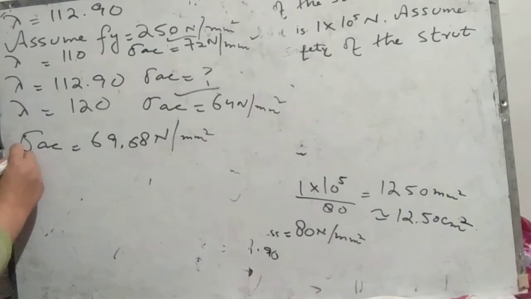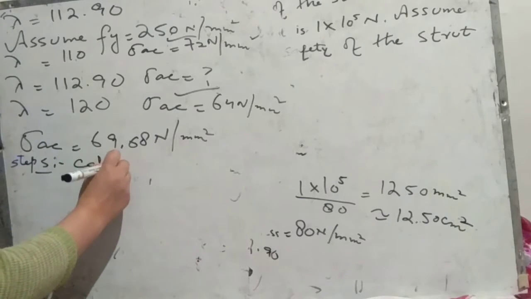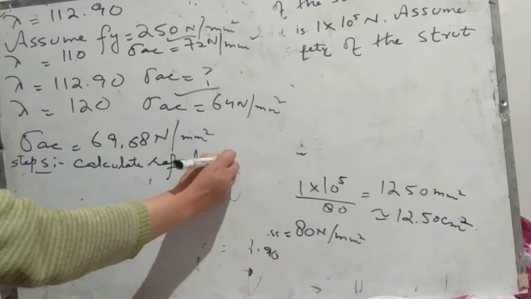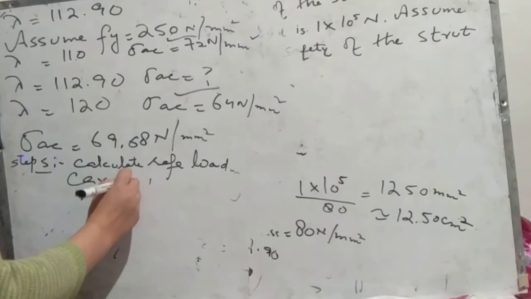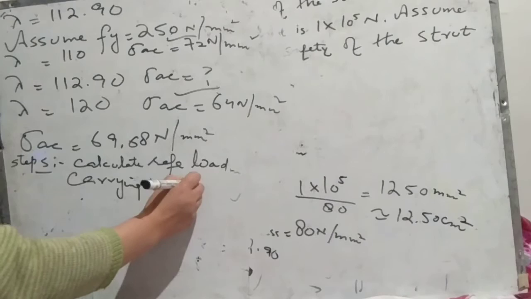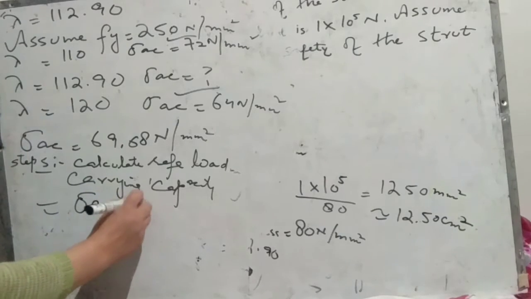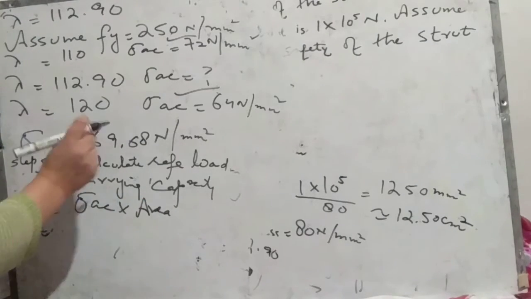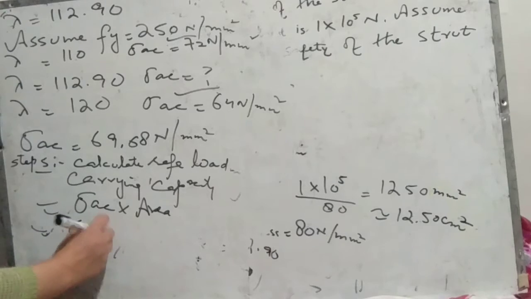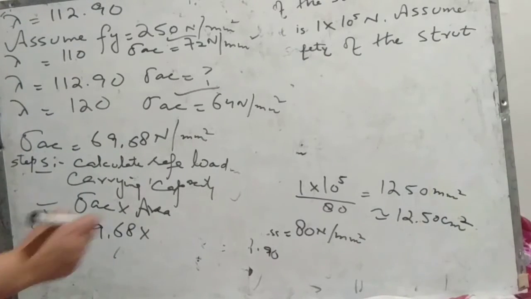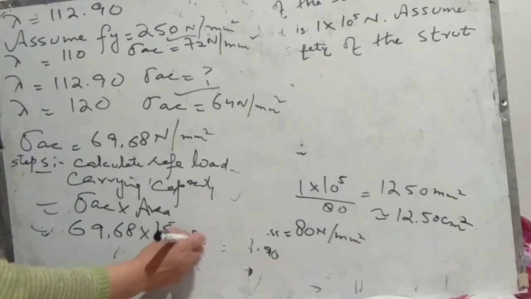Now step 5 is to calculate the safe load carrying capacity. The formula for determining the safe load carrying capacity is sigma_ac into area. Sigma_ac is here given as 69.68 into the area which you got from the steel table, that is 1505.